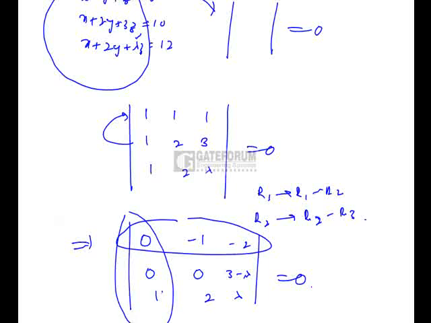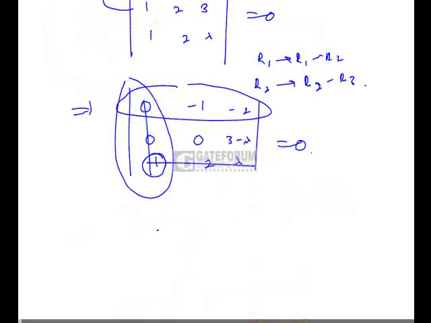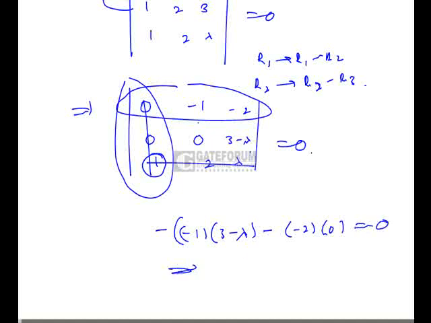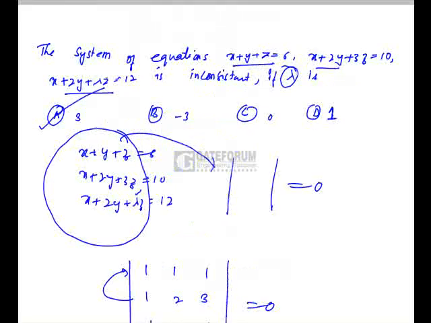That means we need to expand only along 1. So it will be minus times of minus 1 into (3 minus lambda) minus (minus 2 into 0), that is equal to 0, which implies 3 minus lambda is equal to 0, which implies lambda is equal to 3, which is option A.